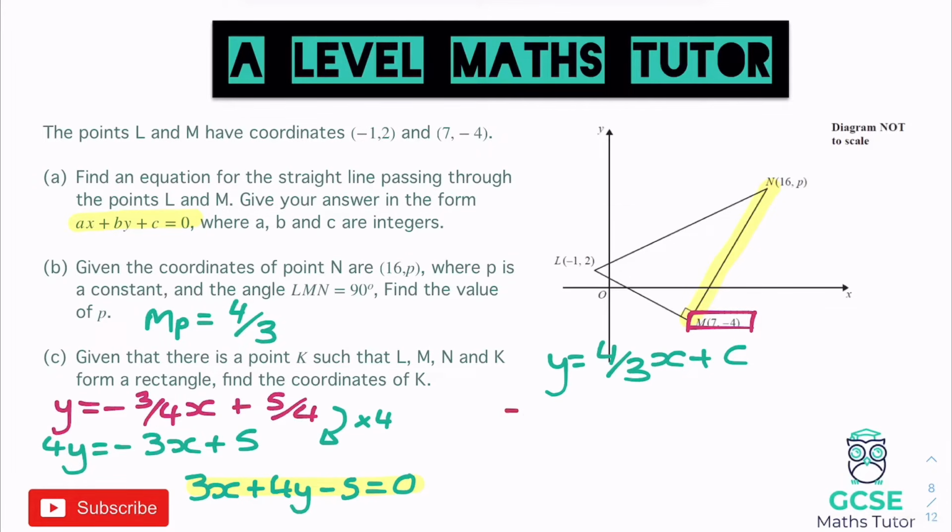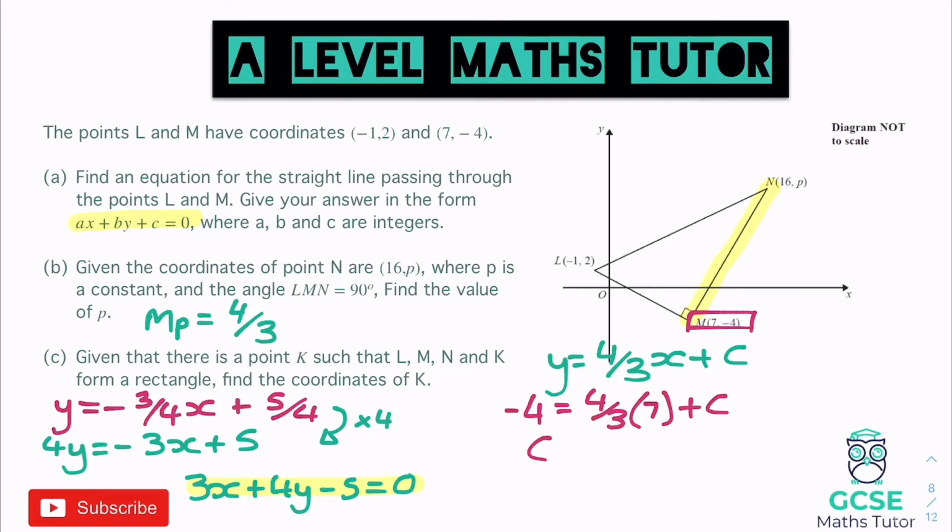So we have -4 as our value of y, which is equal to 4/3 multiplied by 7 plus the c. So 4/3 times 7 is going to be 28/3, and if we take away that 28/3 from -4, so -4 minus 28/3, we get a value of -40/3.